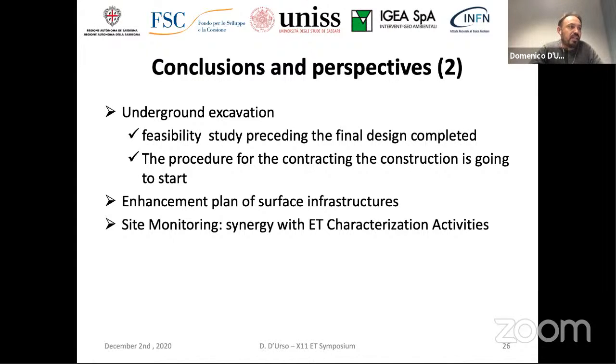The announcement plan of the surface infrastructure you have seen has already been funded, so we hope to start at the beginning of next year. As you see, the strong synergy with the ET characterization activities allowed a very detailed monitoring of the noise on the site. That's all.